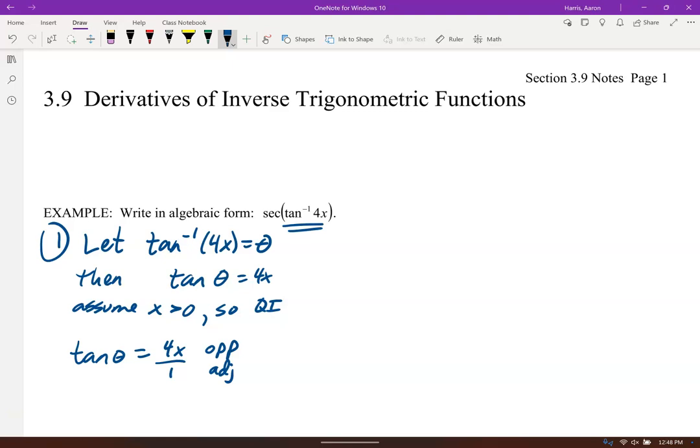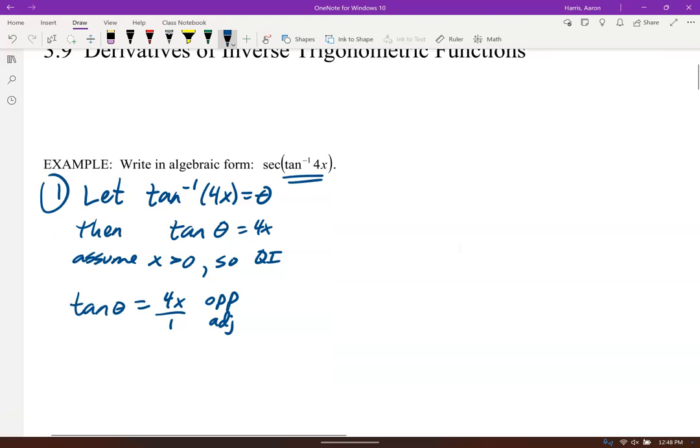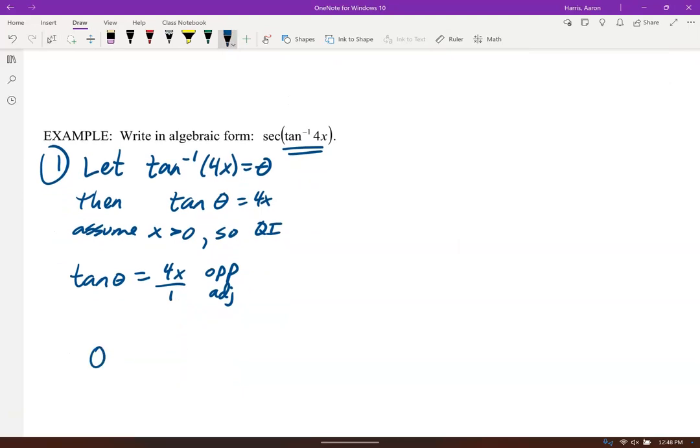SOHCAHTOA, same thing. Anyways, so we've got our theta here, tangent of theta. Let me draw this triangle with theta in here. So tangent of theta is opposite over adjacent. Okay. Let's go ahead and solve for that remaining side.